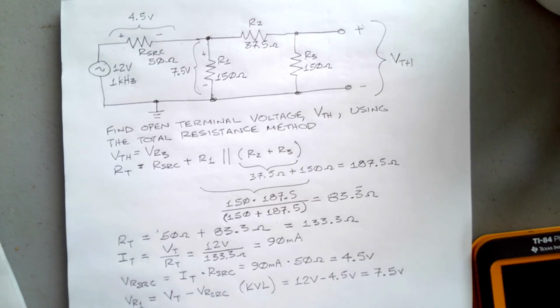It says that in this case, VR3 is going to equal VR1, our total voltage, times R3 over R2 plus R3.